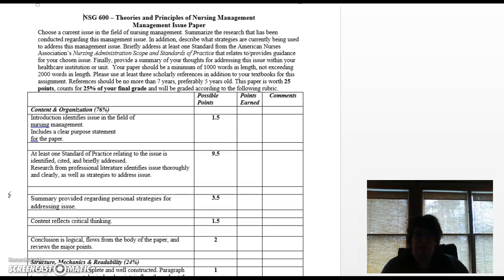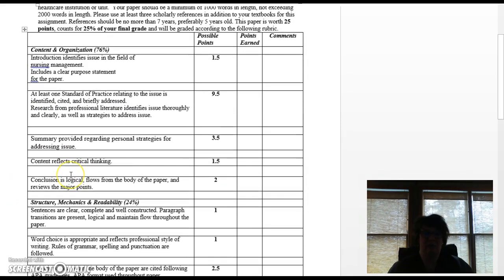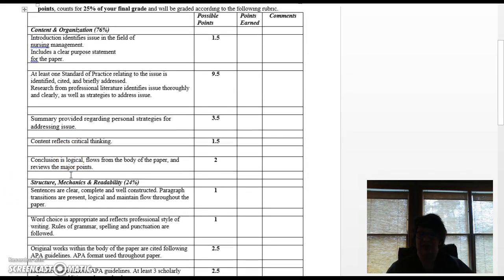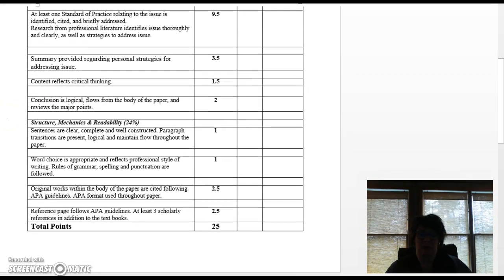And of course, all the components that need to be completed in your paper are listed on the rubric, and I would suggest using the rubric as a checklist to make sure that you've included absolutely everything that you need to in your paper. This is what I will be using to grade your papers, so it provides some guidance to you.